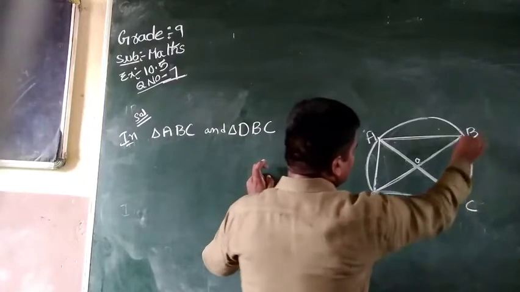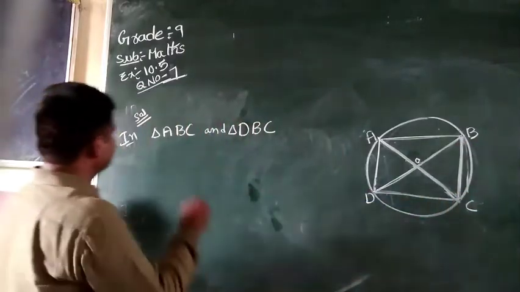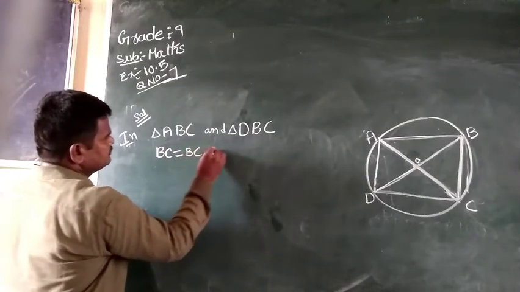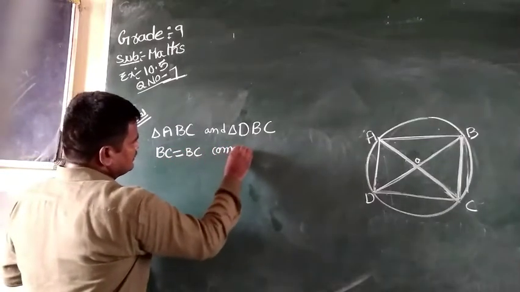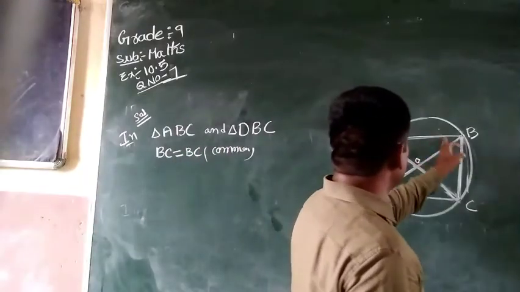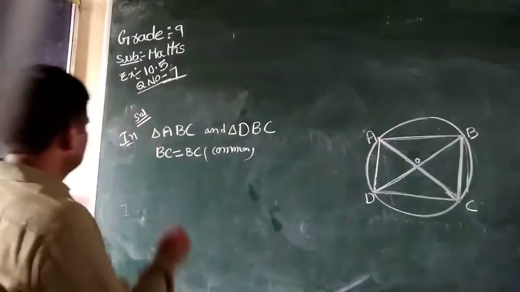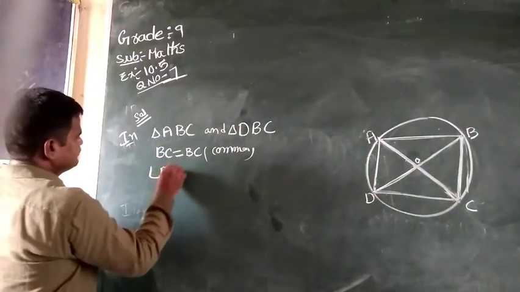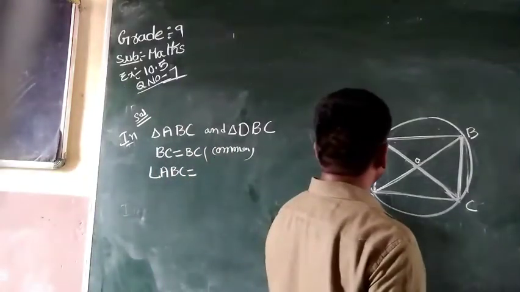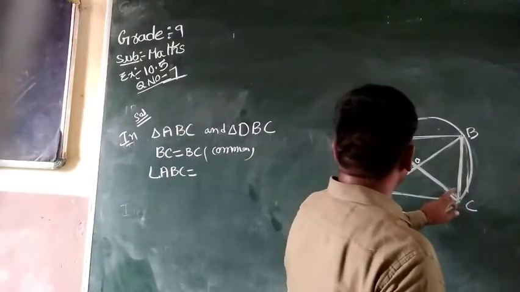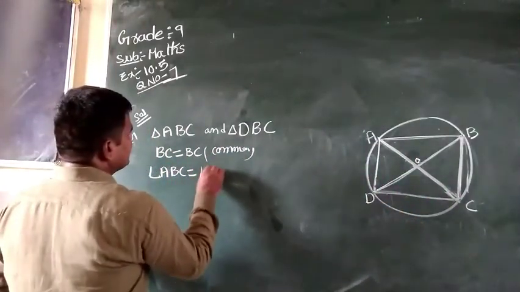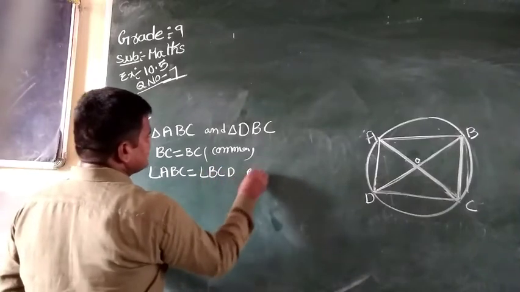In these two triangles, BC equals BC, it is a common side. Angle ABC equals 90 degrees, and angle DBC, meaning this angle, equals angle BCD, each 90 degrees.